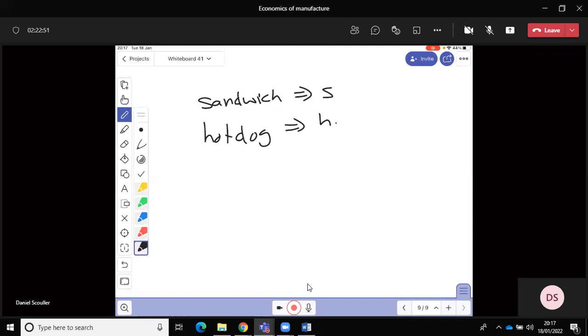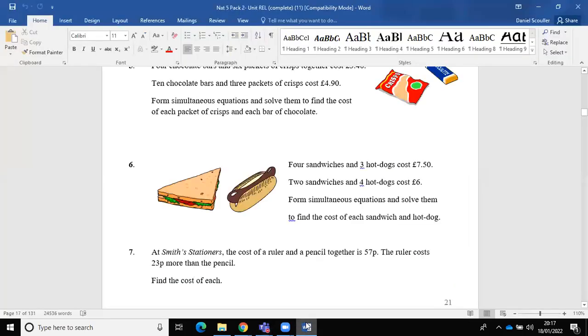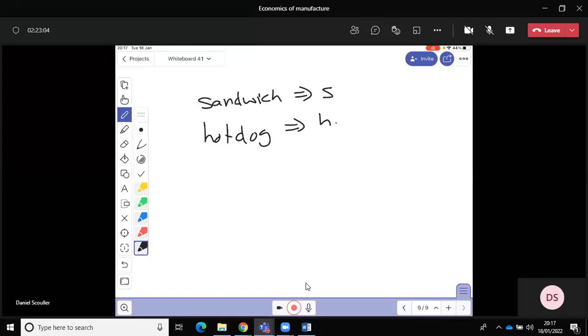That's why I use C and D. So sandwich, letter S, hot dog, letter H. Makes sense. First part, 4 sandwiches and 3 hot dogs equals £7.50. 4 sandwiches, 4S, plus 3 hot dogs equals £7.50.